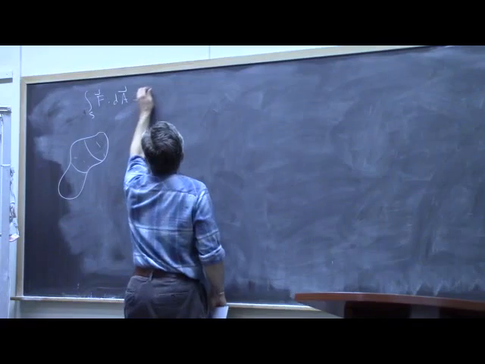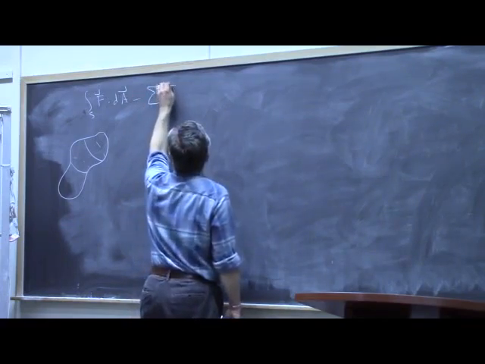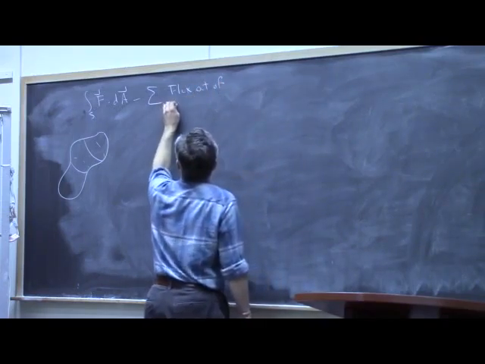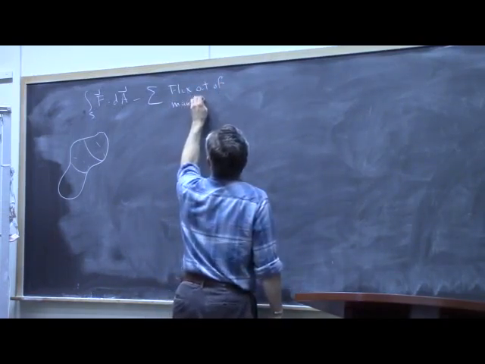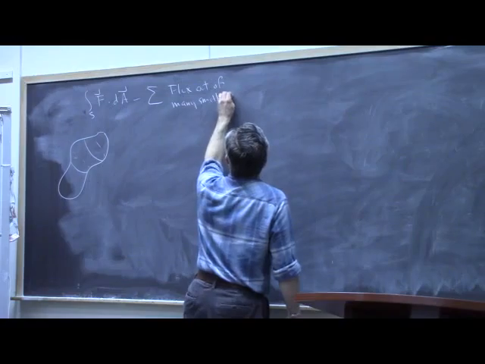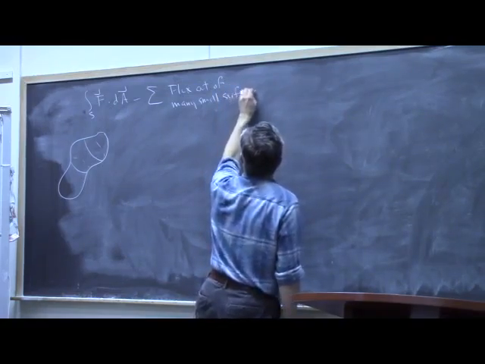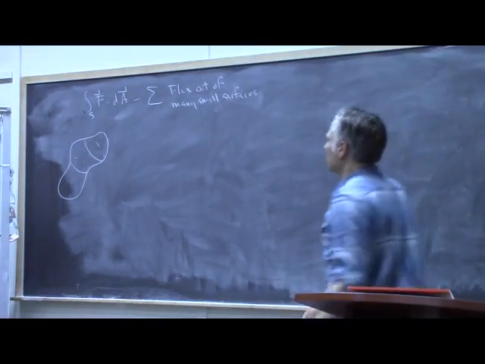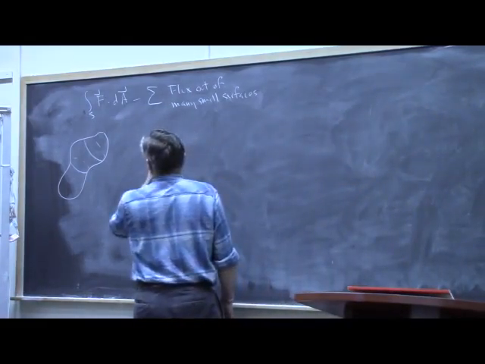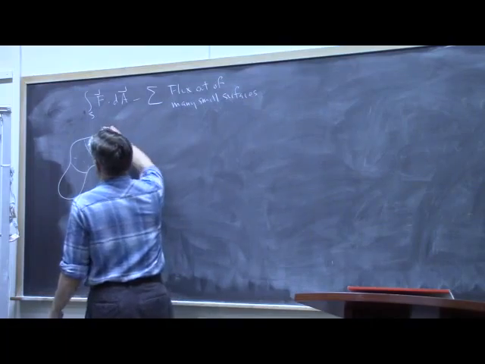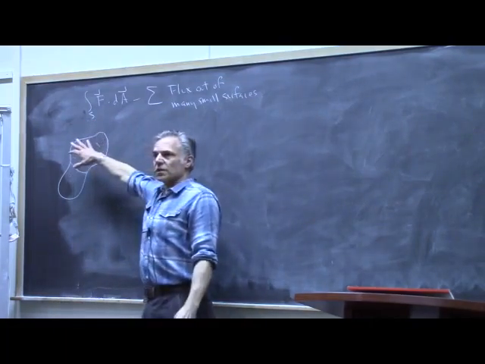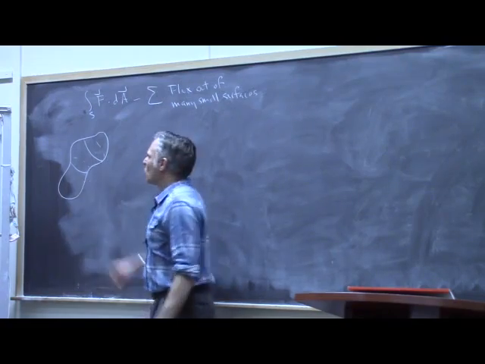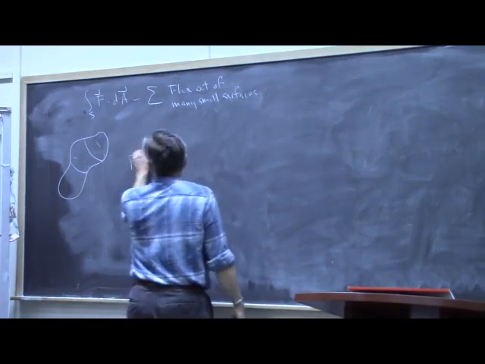And I claim I could write this as flux out of many small surfaces. And here's a picture for that. So we could just walk around the surface and see how many butterflies are flowing out at every point in the surface. Or we could do something much less efficient.